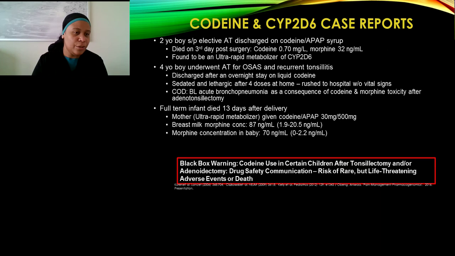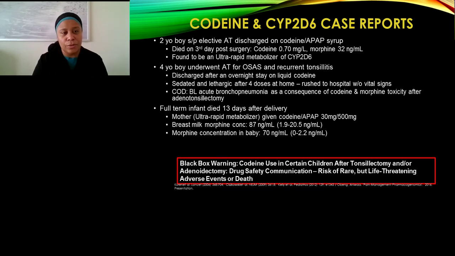reports, you have a 2-year-old boy that was discharged after getting his tonsils removed, and was sent home with codeine and Tylenol. He died on the 3rd day post-surgery, but when they got the cause of death, the patient was an ultra-rapid metabolizer of CYP2D6, and the codeine level was 0.7 milligrams per deciliter, but the morphine was 32 nanograms per ml.